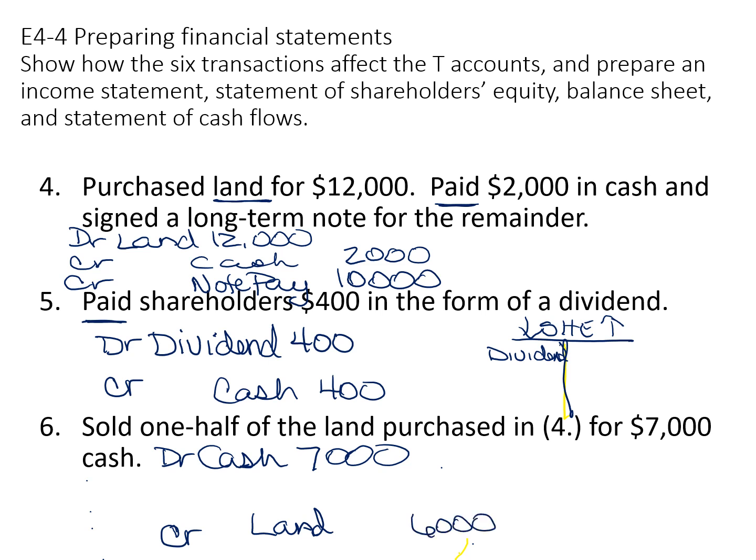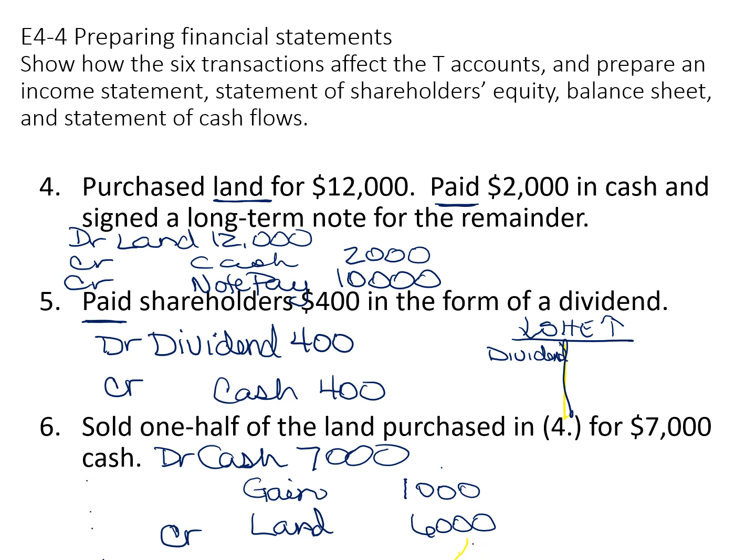This doesn't balance. Did I get more cash than I gave up in land? And the answer is yes, and debits equal credits. So I need another credit. So did I have a gain on the sale of that land? Because I sold it for more than it cost me.